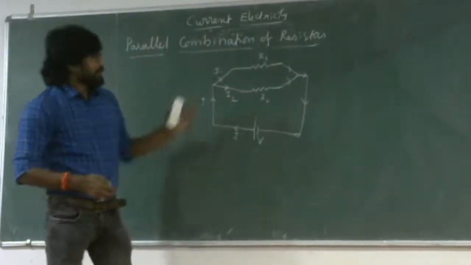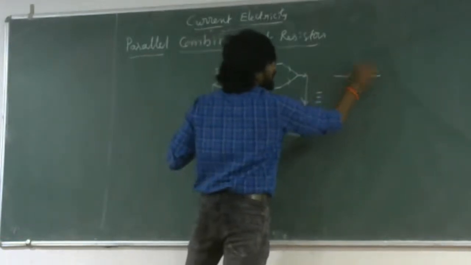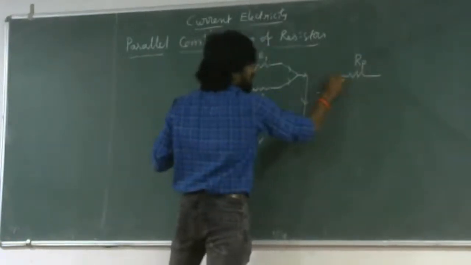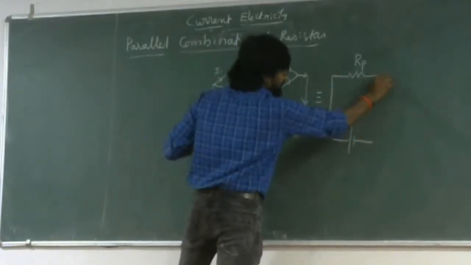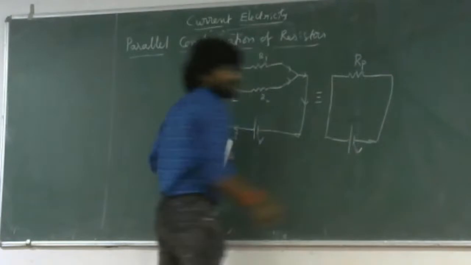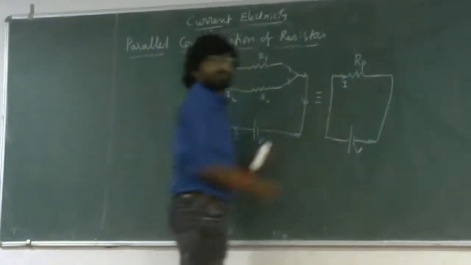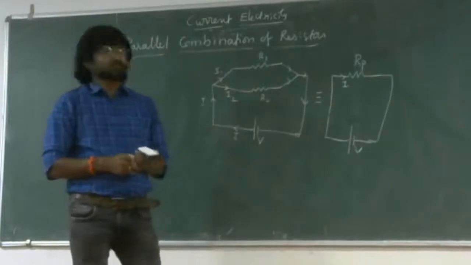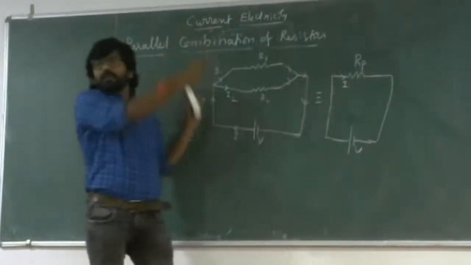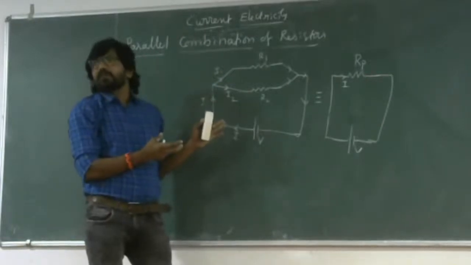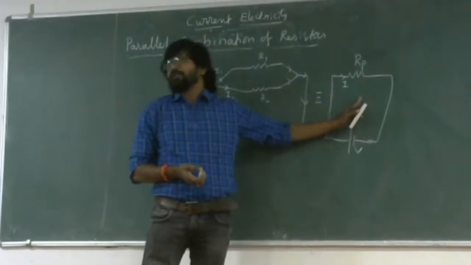Here, if you replace this with a single resistor, the effective resistance of the parallel combination, and connect it to the same battery of potential difference V volts, so that current I passes through it, then it gives the same effect as this combination of resistors. Got it? This kind of combination is called a parallel combination of resistors.